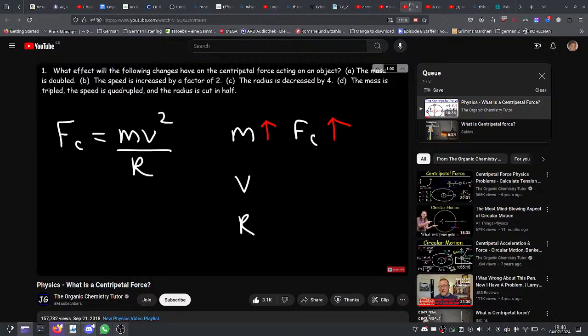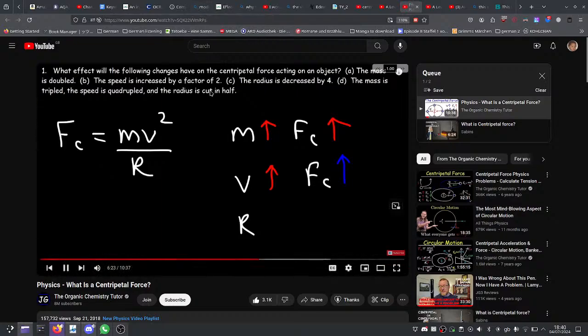The same is true for the velocity. If you increase the speed of the object, the centripetal force that's needed to keep the object moving in a circle must be increased as well. Otherwise, the object is going to fly out of the circle. So the greater the speed, the more centripetal force is needed to keep the object moving in a circle.